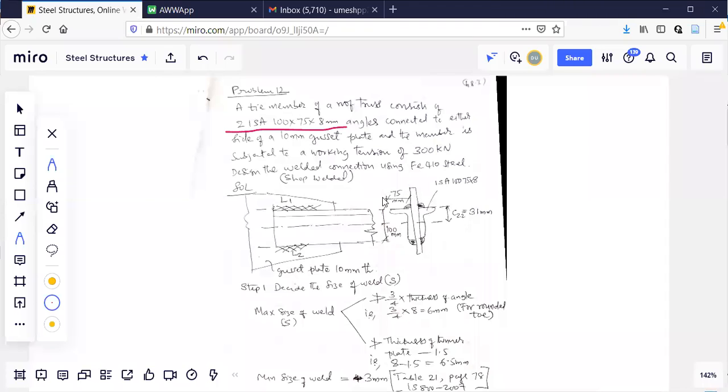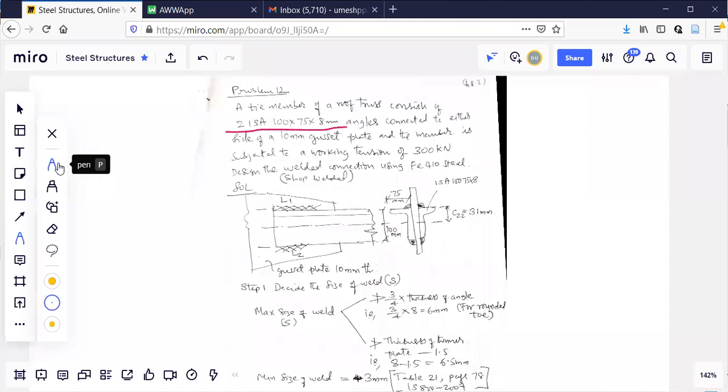Now you see this one here. Whatever I'm telling is the side view I'm explaining. Connected to either side of a 10 mm gusset plate. This gusset plate is 10 mm thick. And the member is subjected to a working tension of 300 kN.